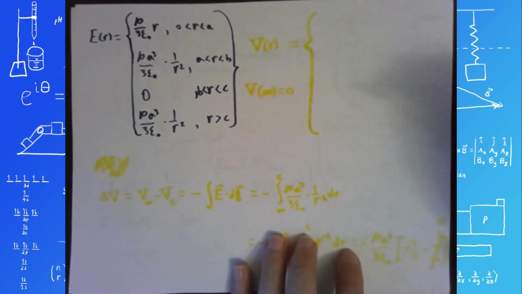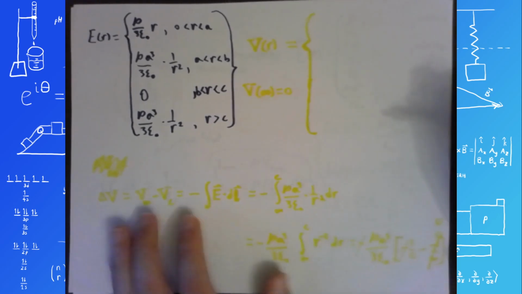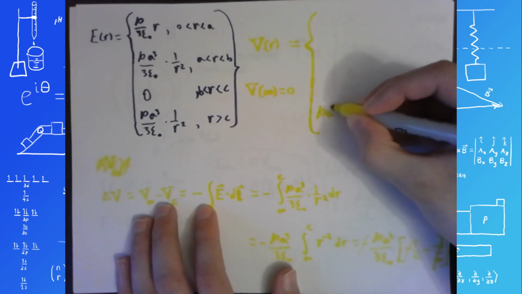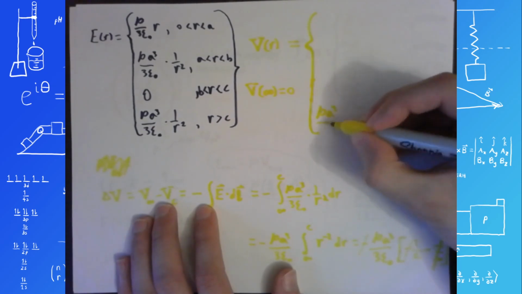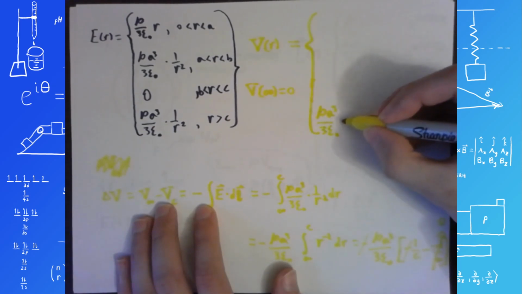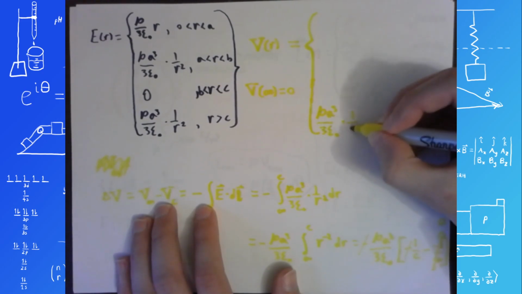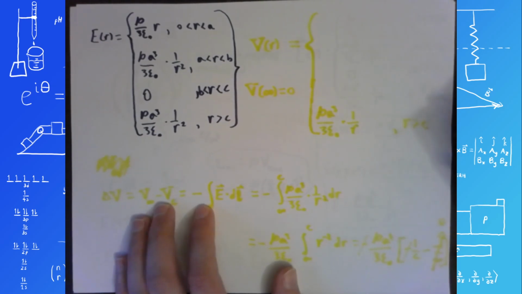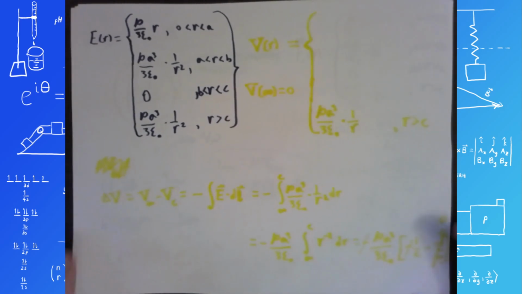My bad. So just mentally replace this c with an r, and as a function it would be rho a cubed over 3 epsilon naught times 1 over r. And that's for r greater than c. Okay.